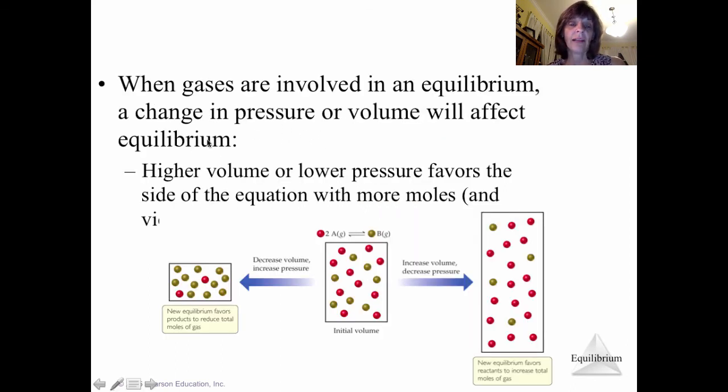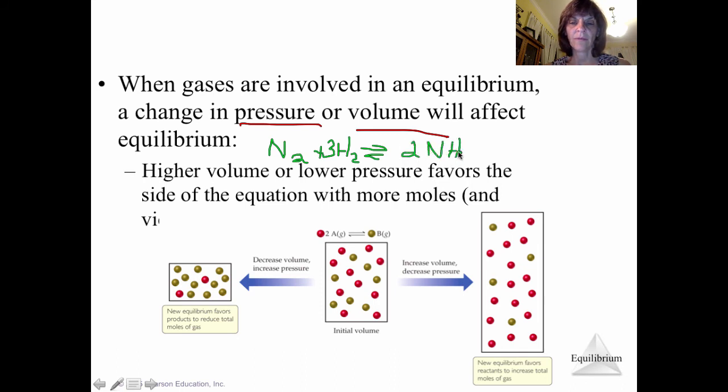Okay, when gases are involved, as we just talked about, that pressure or volume will affect the equilibrium. So if you have a higher volume or a lower pressure, you'd favor the side of the equation with more moles. So let's think about the Haber reaction again. You've got nitrogen plus hydrogen. I believe you need 3 hydrogens to make 2 ammonias.